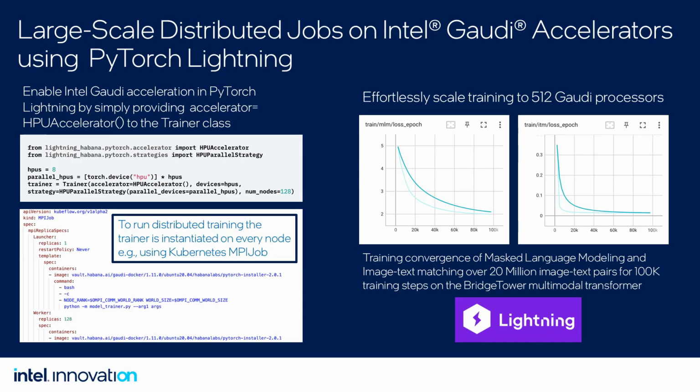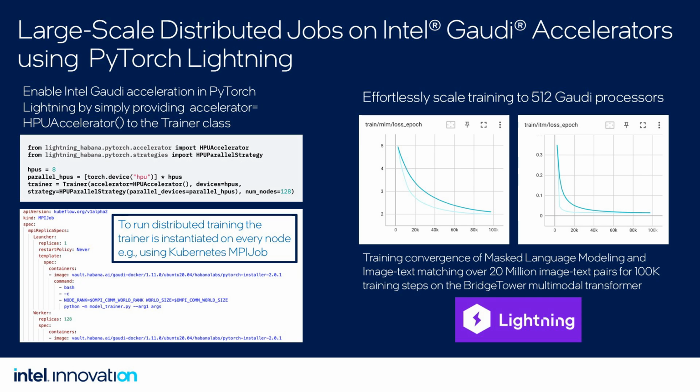Another framework that my team uses quite a bit for doing large-scale training is PyTorch Lightning. And again, Intel and PyTorch Lightning have collaborated to make sure that Gaudi is well supported in the PyTorch Lightning ecosystem. So here we can see that from the Lightning libraries, we can import certain modules, especially the HPU accelerator.